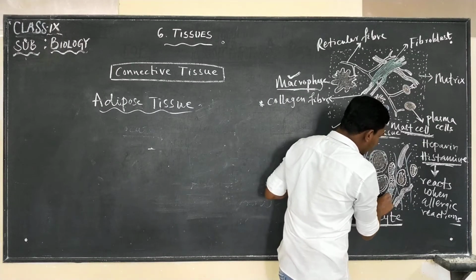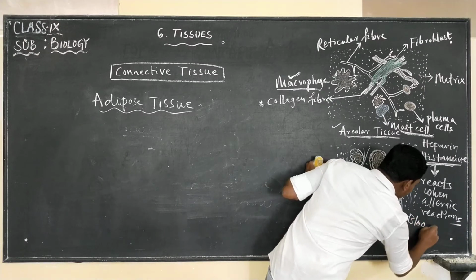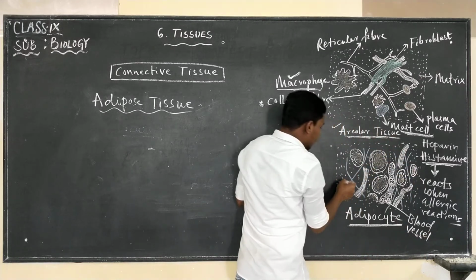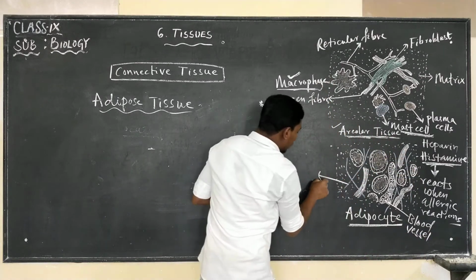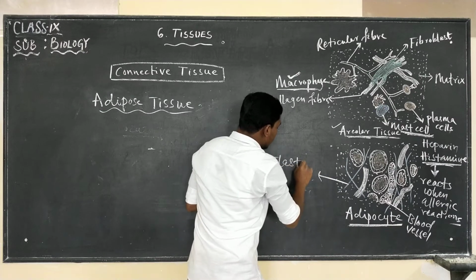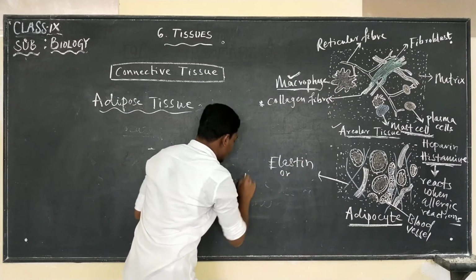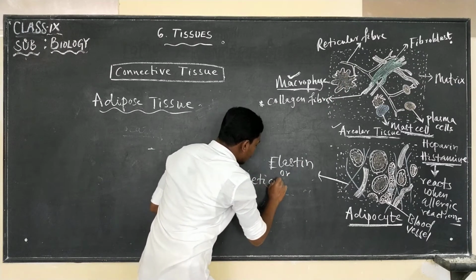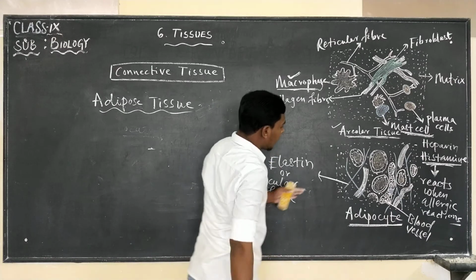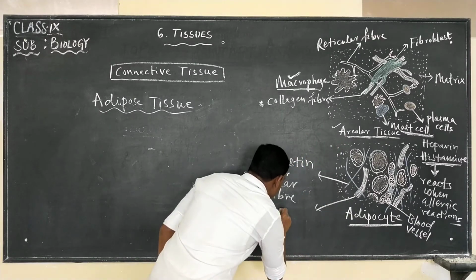This is the blood vessel, this is the reticular fiber, and this is the collagen fiber.